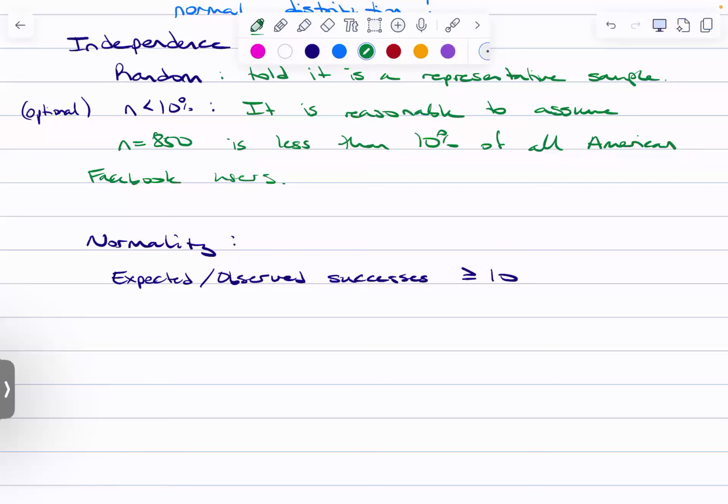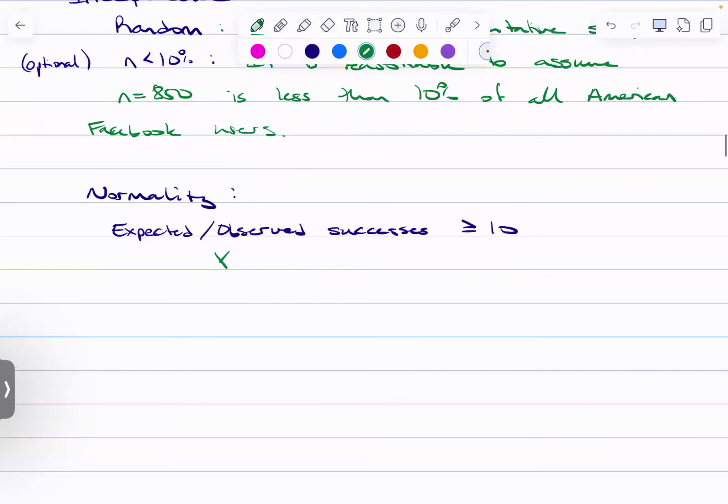How do you check that? If you have X, which is the number of successes, cool, you can just use that. But X is also N times P hat. Because the information that we were given was N and P hat, I'm going to go for this option here, which is 850 times 0.67.